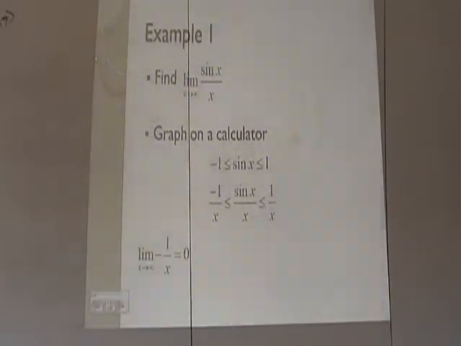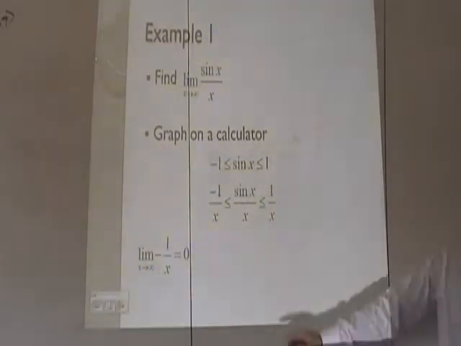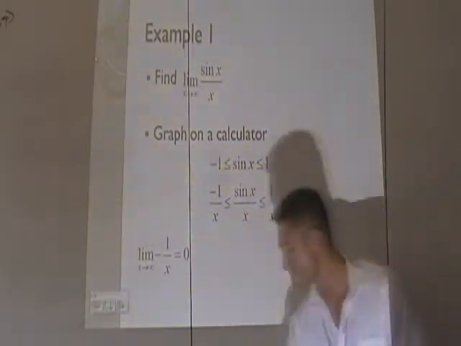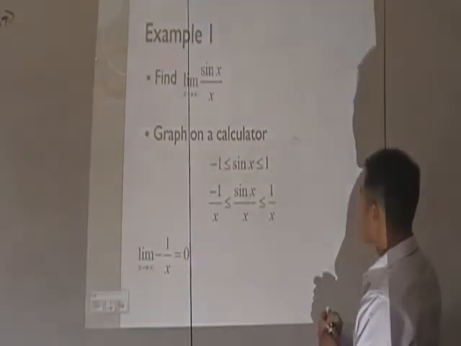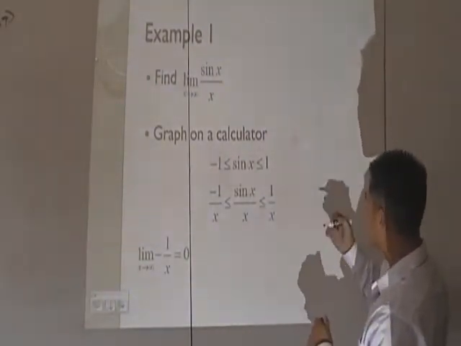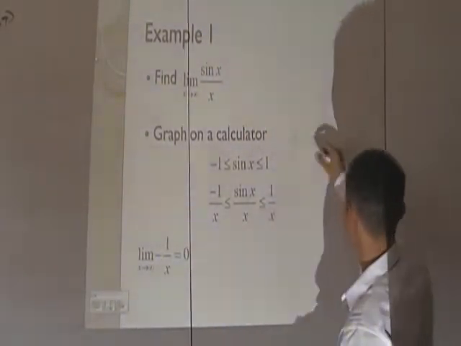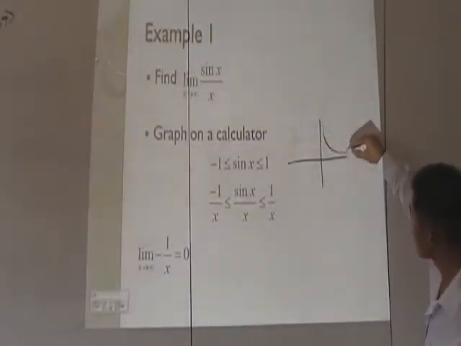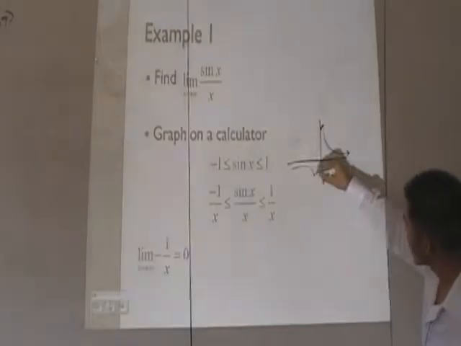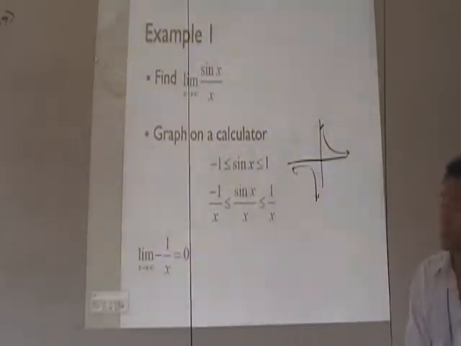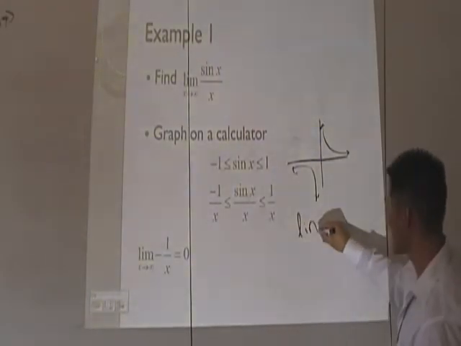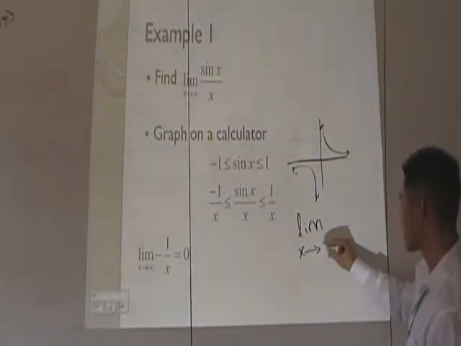Okay, so let me explain it again. I'll explain it with this one, because it's the same thing. Here's a graph. 1 over x looks like this. We want to look for the limit as x approaches infinity.